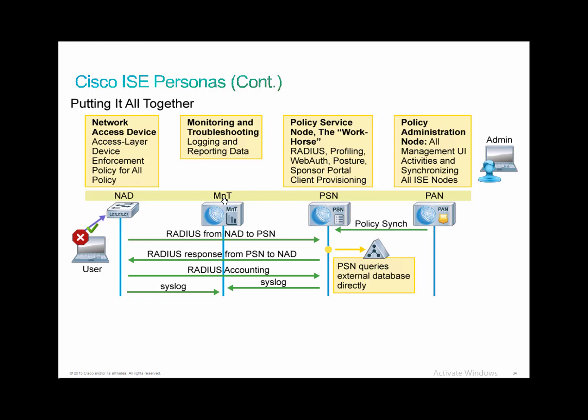Based on the response from the user database, the PSN then will locate the correct authorization profile that is to be applied to the particular user. The policies can include lots of different components, but they can include downloadable ACLs, VLAN assignments, voice domains.